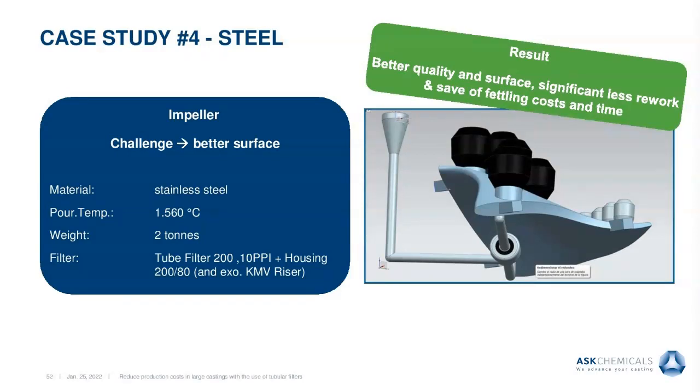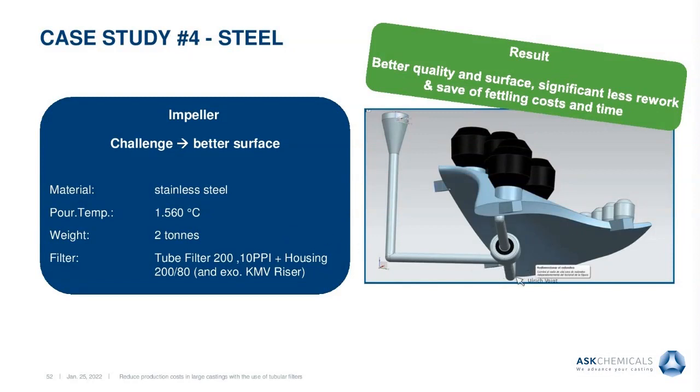Another case study, also steel. It's a casting called an impeller. The challenge here was really a better surface. You can see it's a more or less flat casting. We had to improve the surface of these castings, and we could reach that by using simply a tube filter of 200 tall and one housing.